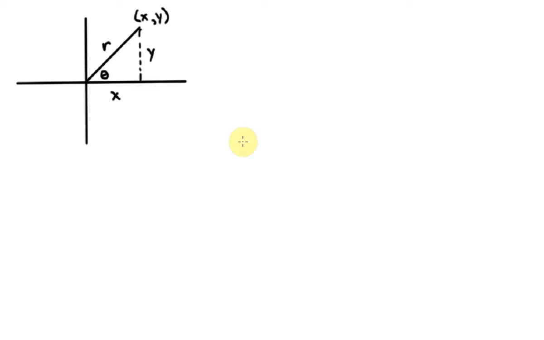And I'm going to show you an interesting little development here. Suppose somebody said, hey, let's take sine of theta and divide it by cosine of theta and see what we get. I wonder what that would look like. Okay, well, what is the sine of theta? Sine is y divided by r, right? So opposite divided by hypotenuse.